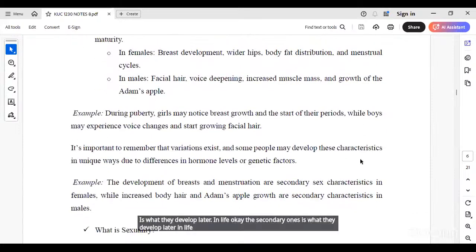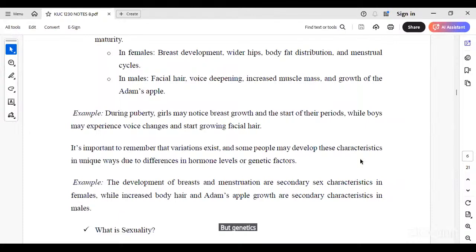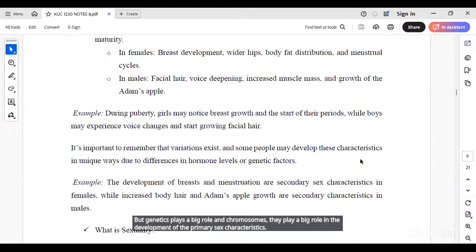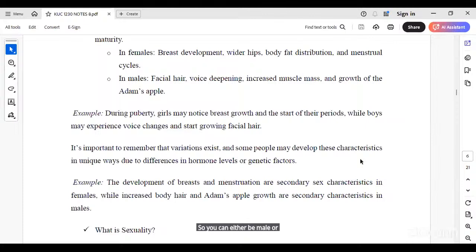So which means hormones are important in the development of the secondary characteristics. But genetics plays a big role, and chromosomes play a big role in the development of the primary sex characteristics. So you can either be male or female on the basis of which chromosomes you carry, on the basis of which hormones and their levels in your body, and on the basis of the anatomy and the reproductive organs that you carry.